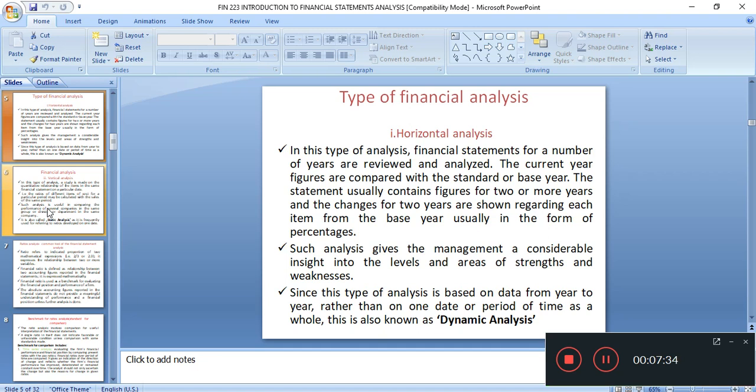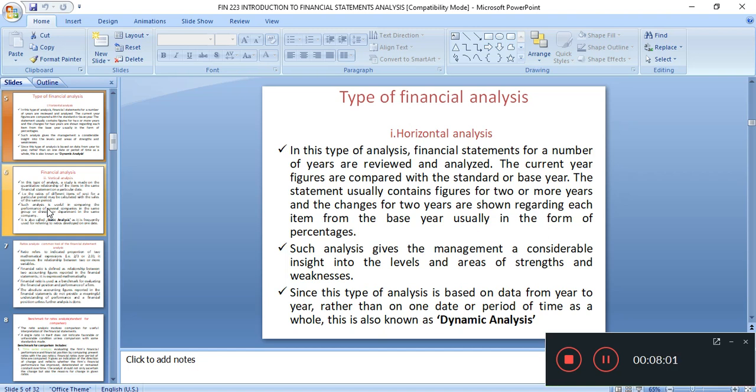In these types of analysis, financial statements for a number of years are reviewed and analyzed. The current year figures are compared with the standard or base year. The statement usually contains the figures for two or more years, and the change for the two years is shown regarding each item from the base year, usually in the form of percentage.